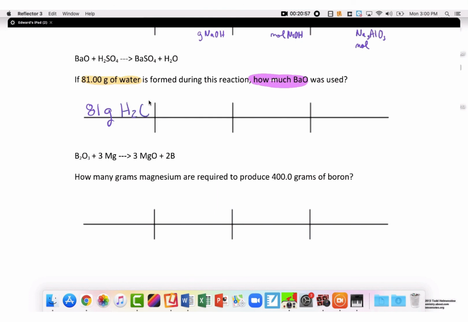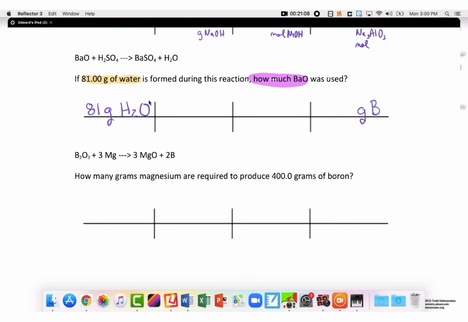If you didn't know, water's H2O, not HO2. And then how much BaO? So grams of BaO. Moles, H2O, grams, BaO. Okay?